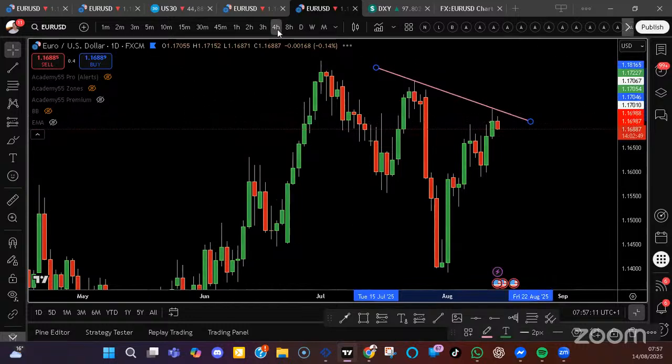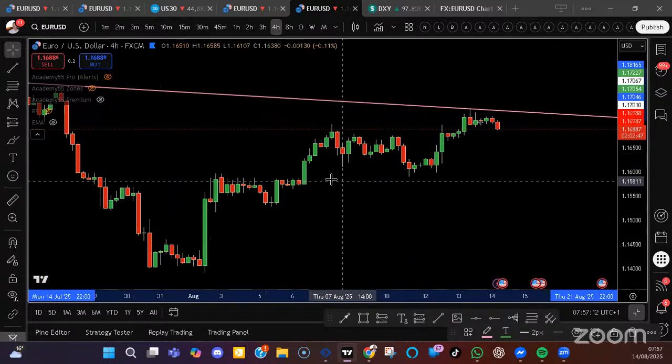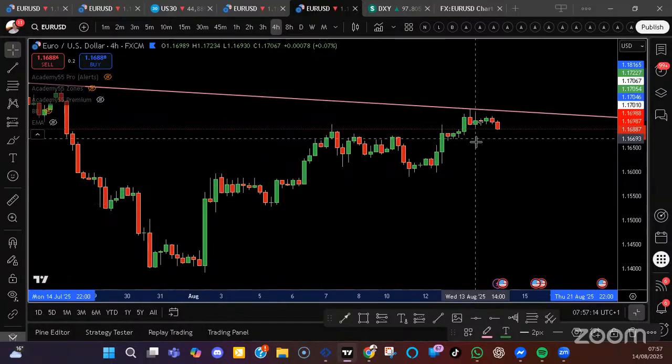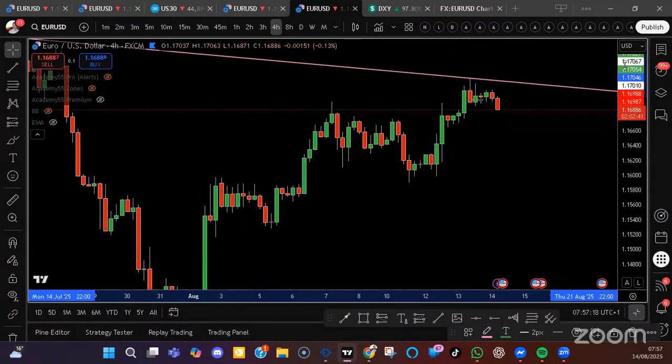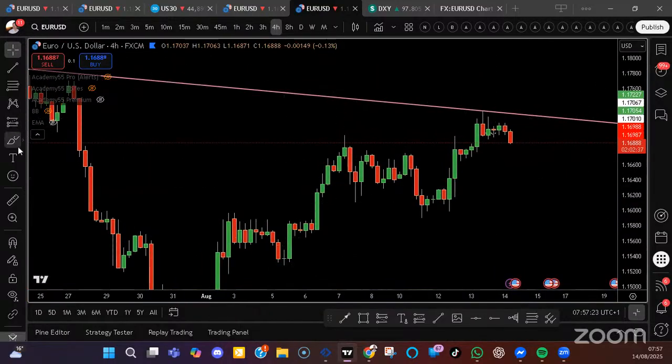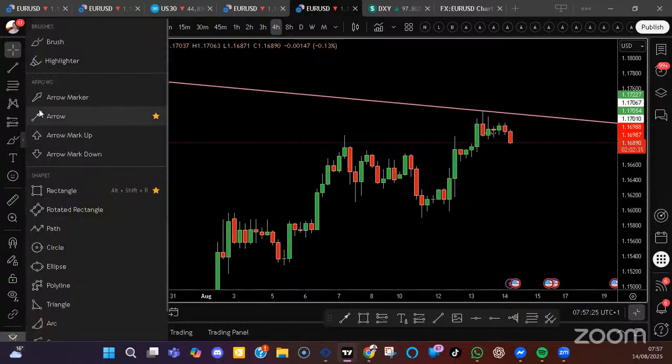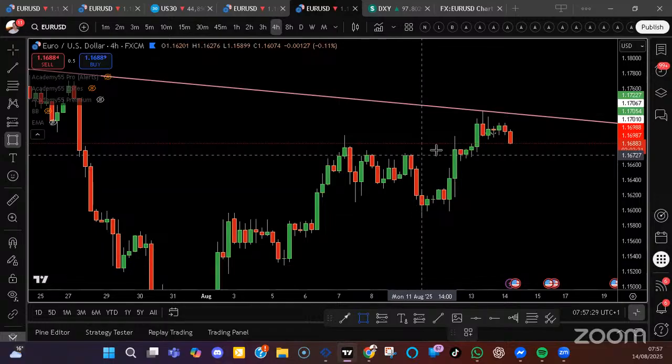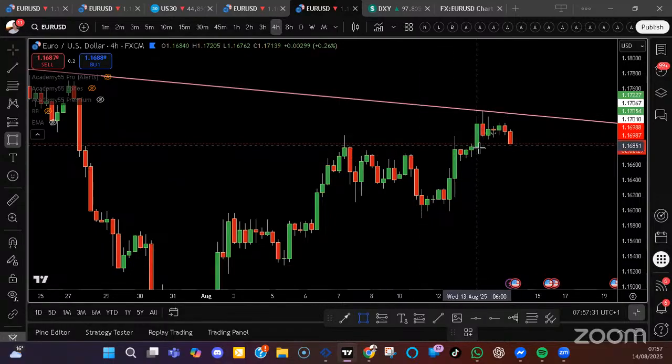But these are on the daily, as you understand. So we'll go down to the 4 hourly now. I think I'm on the 4 hourly now, and I've spotted a wee bit of imbalance. That imbalance there is now being filled.